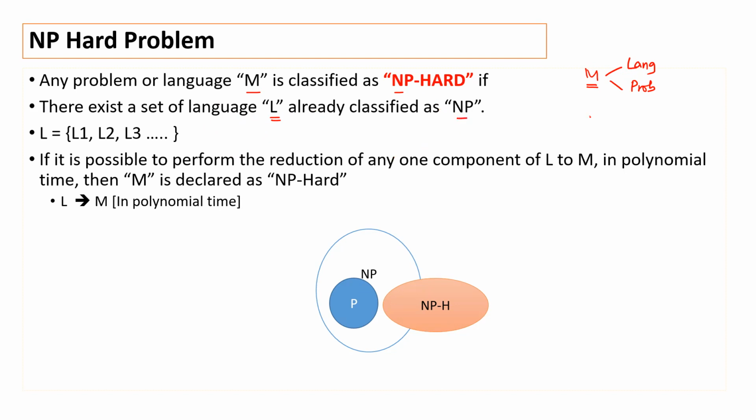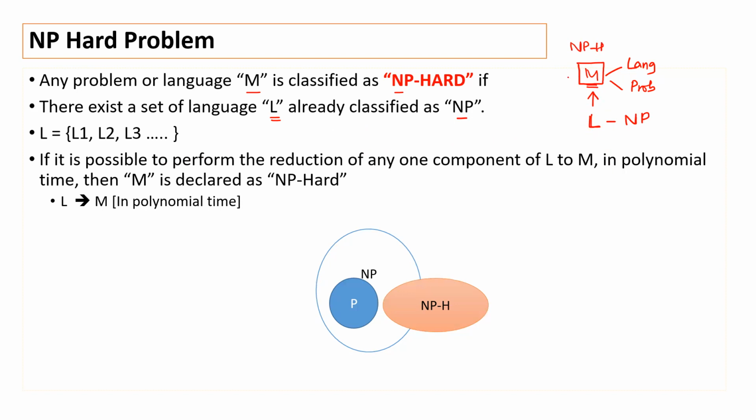It means that you will have to find some particular problem L which is already classified as NP. And if it is possible to reduce L to M in polynomial time, then we can prove this M as NP-hard. So it's basically a reduction logic here.